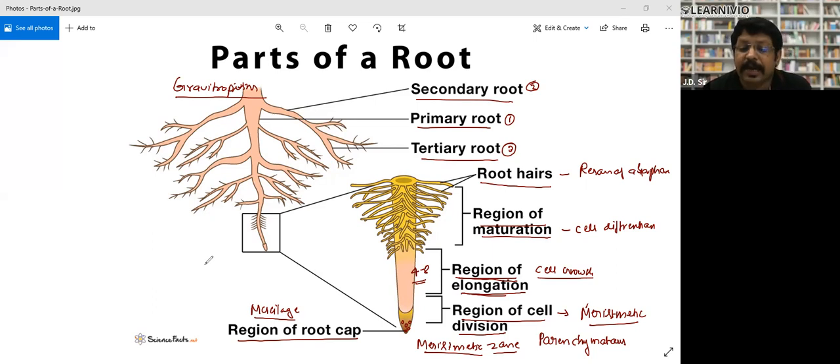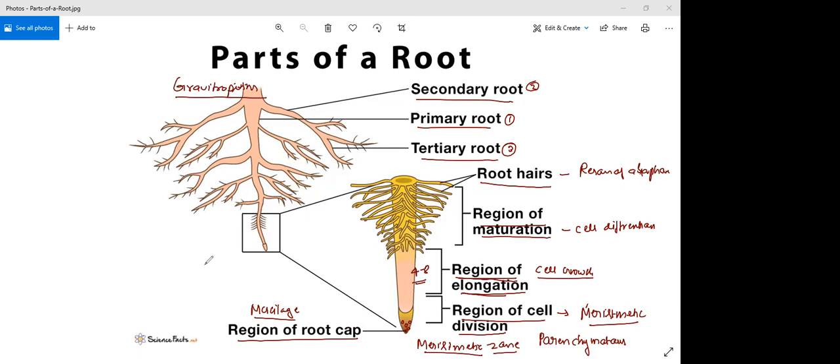They elongate rapidly. Underline: they increase the length of the root.